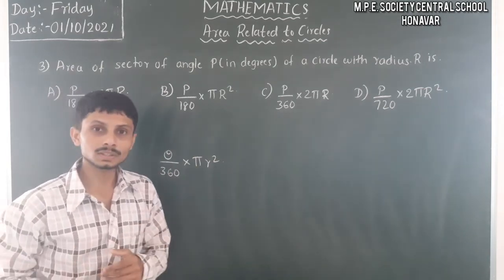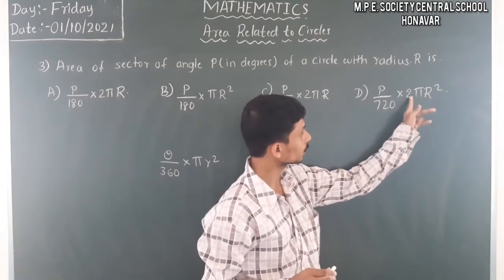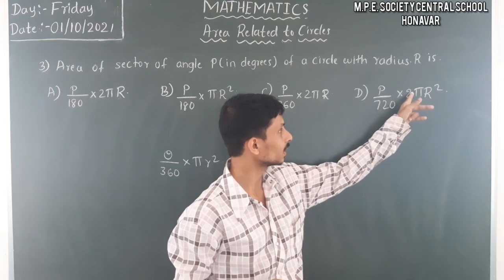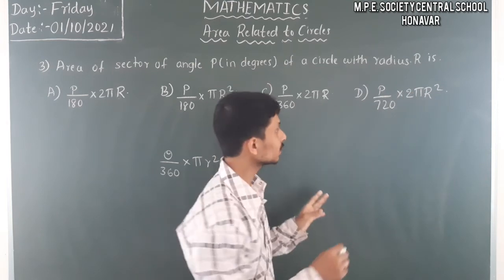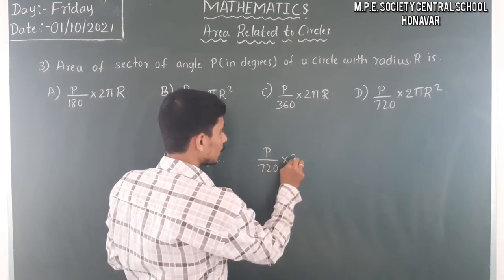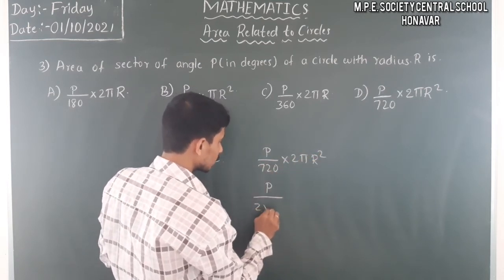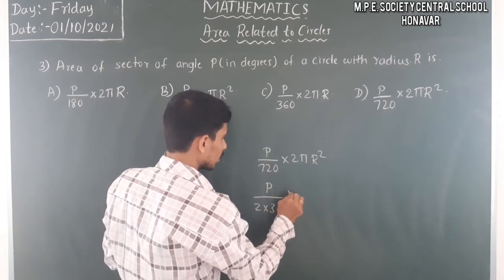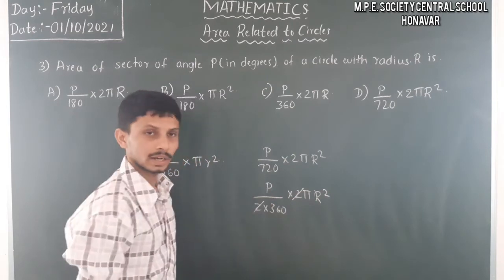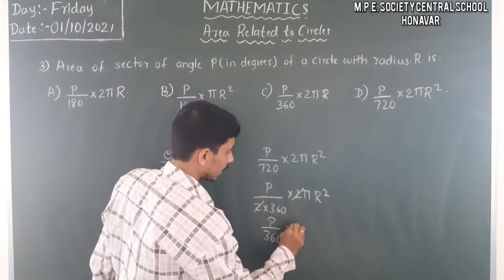But we can simplify and then we can get it, just observe here. Here we have pi r square, and here we have 2. When we divide 720 by 2, we get P divided by 720 into 2 pi r square. So this 720 we can write as 2 into 360, into pi r square. That is, we can cancel this 2 and we get P by 360 into pi r square.